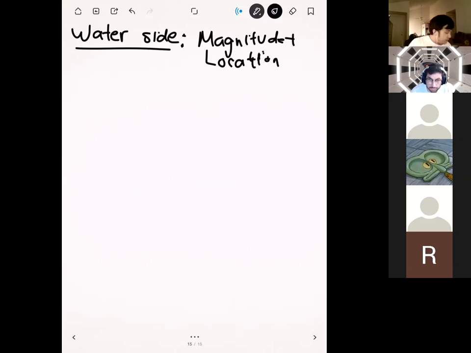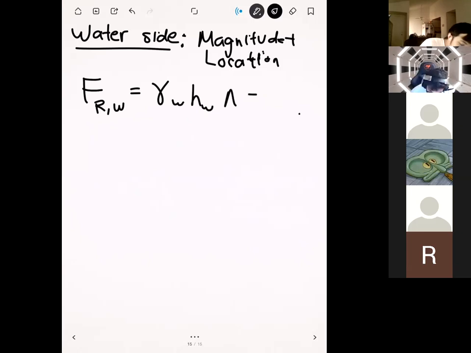So the magnitude of the resultant force, FRW, is equal to gamma W HW times A. We have all of those things, and we plug it in.